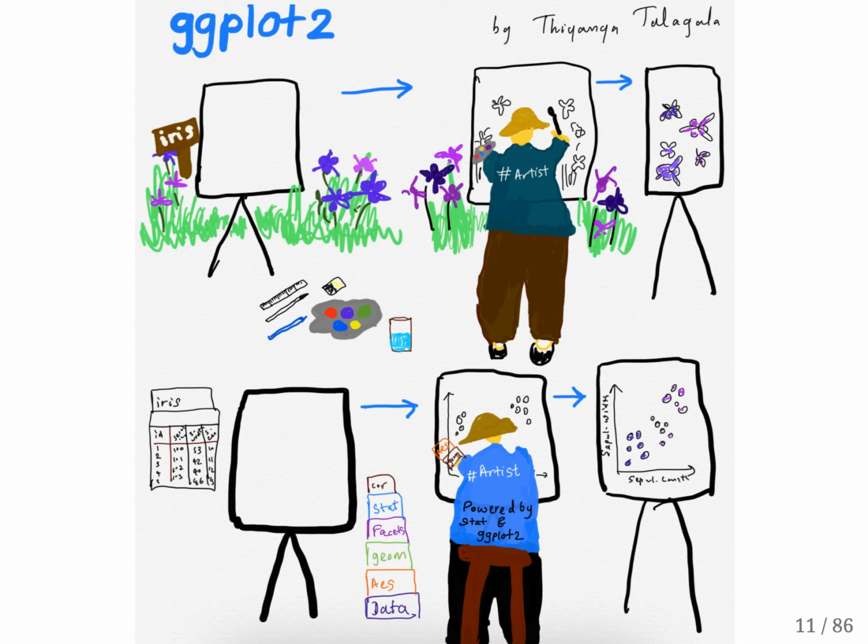Like an artist who first sketches the flowers and adds colors and some more details. Similarly in ggplot, first you draw points and add colors to the points according to your need. You make little changes and add things step by step as you go. In ggplot, the main idea is plots are built up in layers.